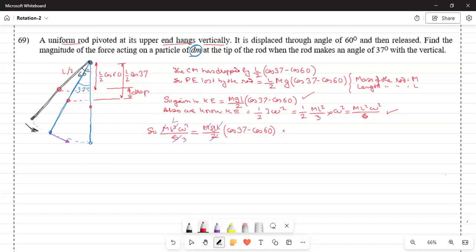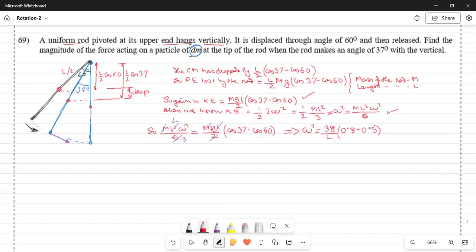So what we are left with on the left hand side is omega square. This 3 goes to the right hand side, so it is 3g divided by L. And cos 37 minus cos 60 is 0.8 minus 0.5.